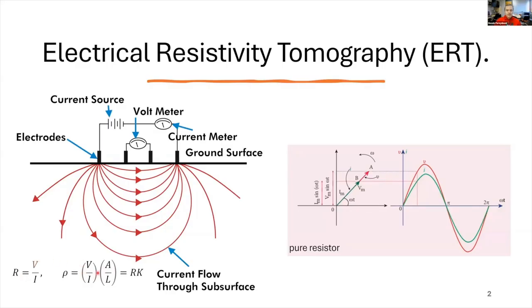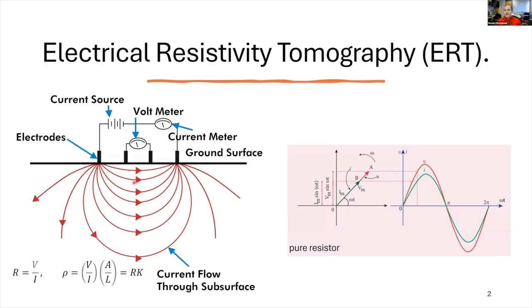After, by using some geometric factor, like what you can see here, which depends on the array of the different electrodes, we can convert those resistivities to apparent resistivity, where the dimension just changes from ohms to ohm meters. So by knowing that the ERT, or electrical resistivity tomography, uses the DC source current, it just measures the resistivity of the material.